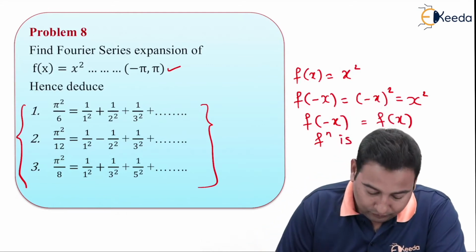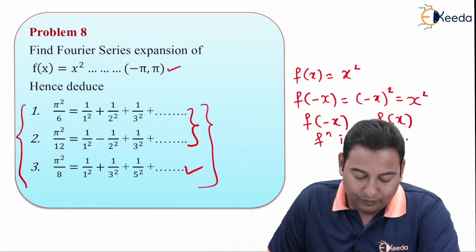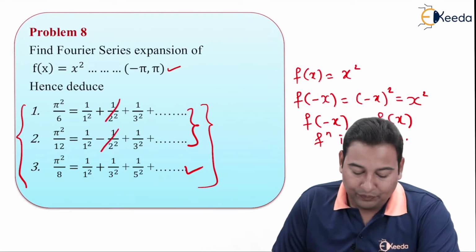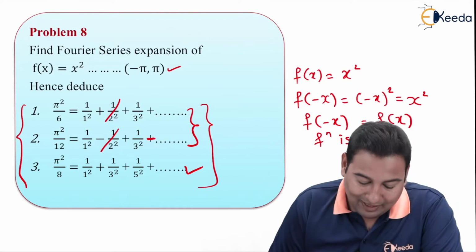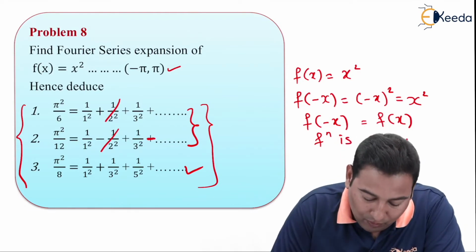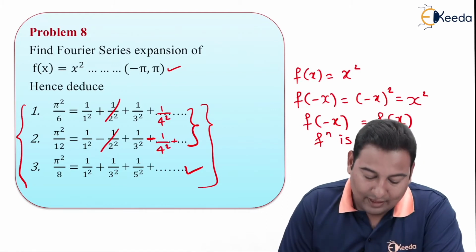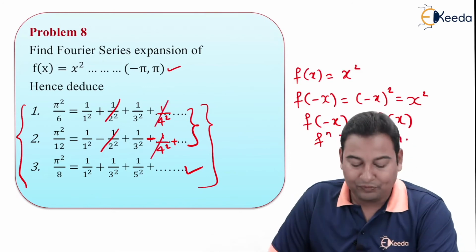See here, for the third deduction, if I add 1 and 2, this is plus half, this is minus half, cancelled. If we write the next term, this is 1 upon 4 square, plus, in the second deduction we do have alternate plus minus sign, this will be cancelled.